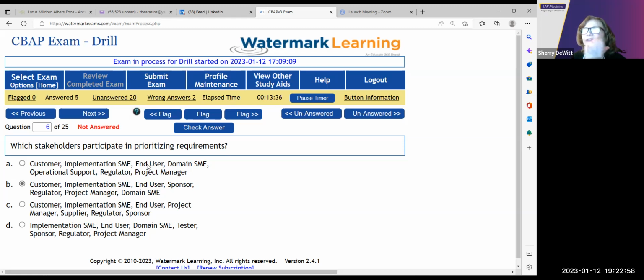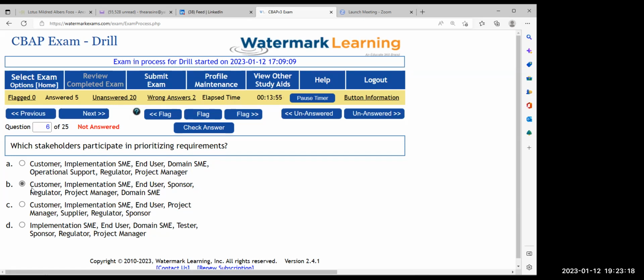Gosh, they all do, don't they? That end user is important for the user experience, because there's a lot of emphasis on the people and the technology within the process. Okay, so we've got one vote for B. Anybody else have a vote? Why don't we go through what each of them does?